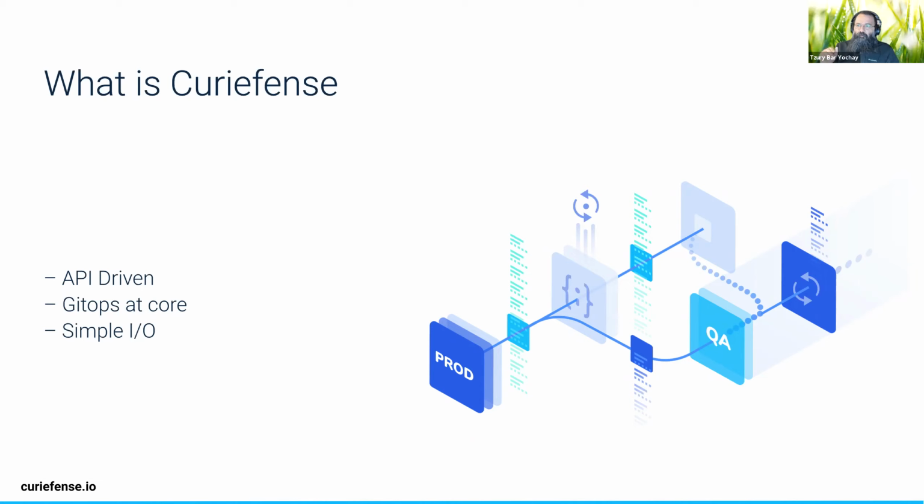Within a cloud native organization, infrastructure is deployed as code, within an automatic process. Curiefense was built with that mindset. It's API driven. Every operation can be done either by the API or using the portal.